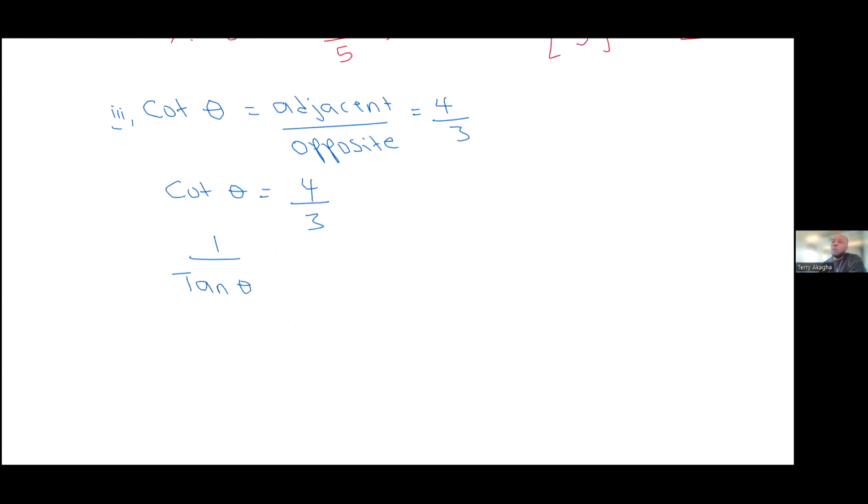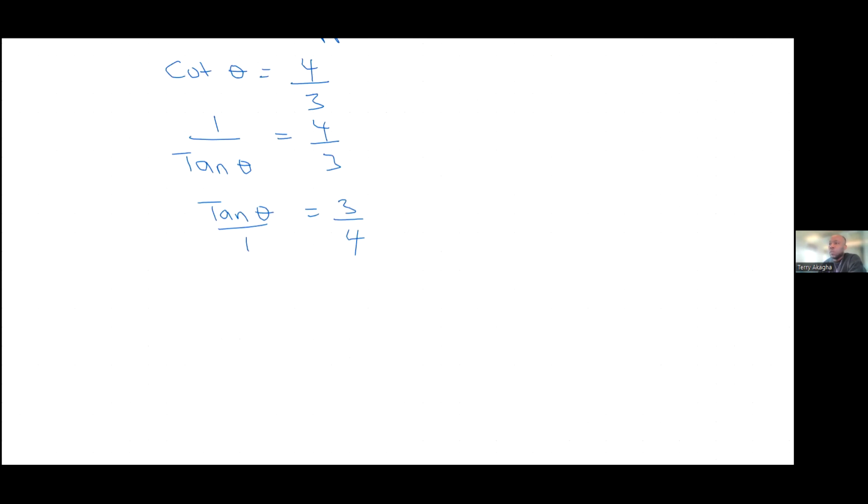So the next thing, I'm going to flip the left, I'm going to flip the right. So this is going to give us tan theta over 1 will be equal to 3 over 4. So therefore, tan theta is equal to 3 over 4.